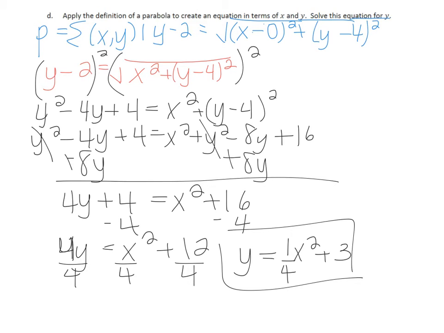So if I plug this back into my equation up top, I will get that P is going to equal the set of x, y such that y is equal to 1/4 x squared plus 3.